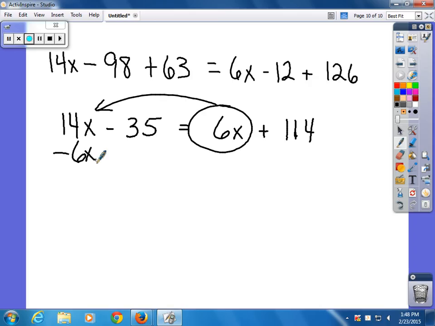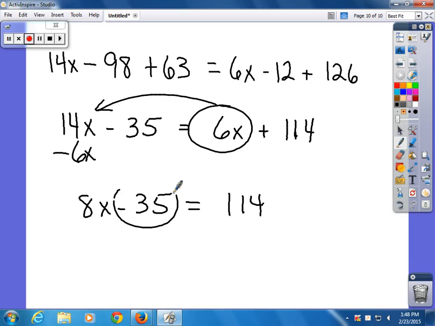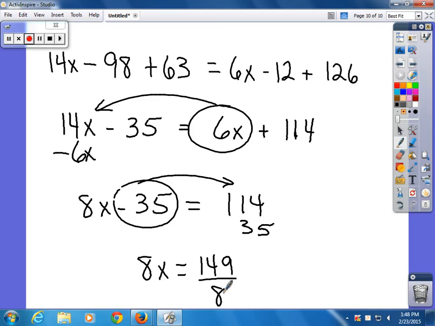I thought it was 8. 8x minus 35 is equal to 114. 35 goes across the river. 8x is equal to 149. And divide that by 8. x is equal to 149 over 8.